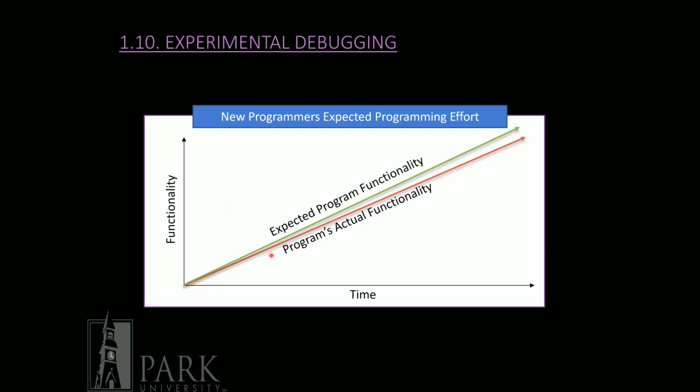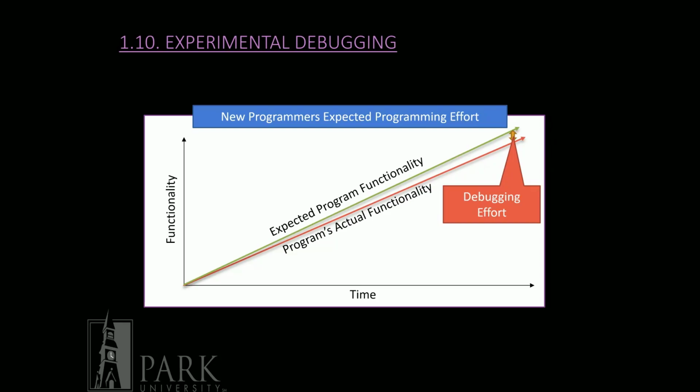So you're like, okay, well, I'm going to have to spend some time fixing my code. So my program's actual functionality as a matter of time is a little bit less than what you expect it to be, right? So this delta, this difference, is your relative debugging effort. So this is what most people kind of expect as they're going along.